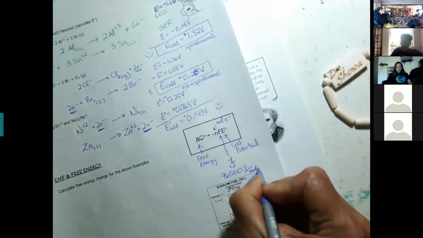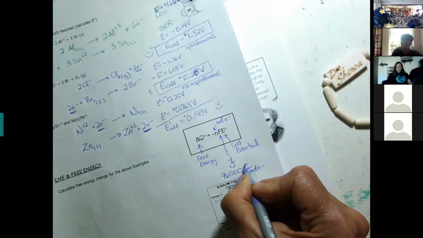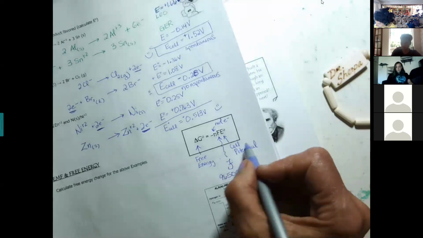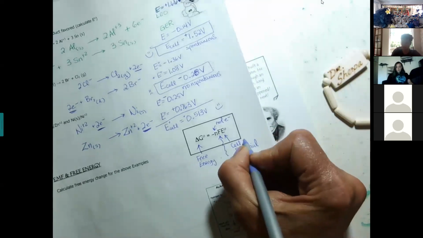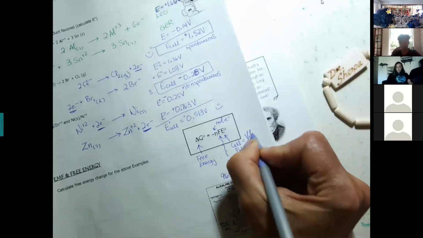We're going to get to joules in 2 days again. Cell potential is in volts. I apologize, I'm talking in circles. That V, the unit is joules per coulomb. That was on the previous page.